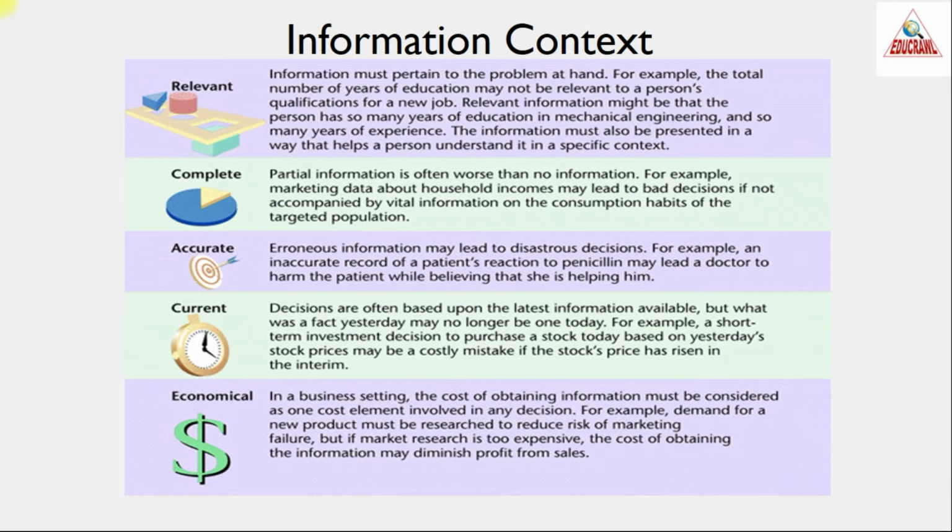So information should be current, and information should be also economical. Each and every information has some value. So based on information context, information should be relevant, complete, accurate, current, and economical.